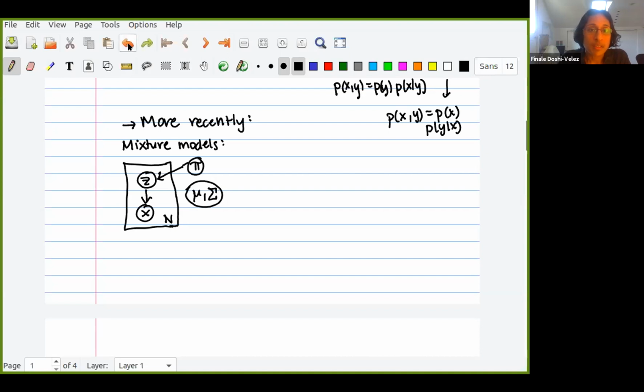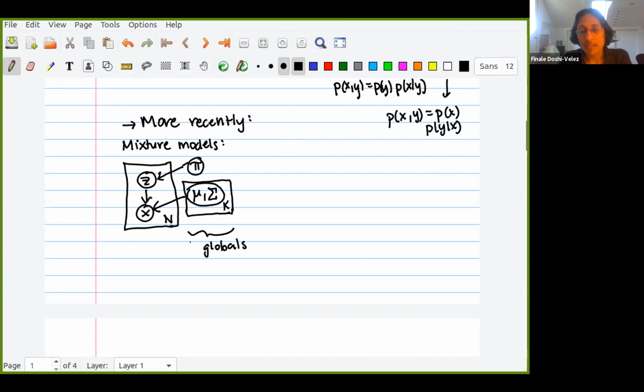And here's another opportunity to use a plate. So there's K of these. And the Z for this particular data point combined with the relevant mu and the sigma produce the X. So this is the idea with the plate notation, and also this idea of here are globals.